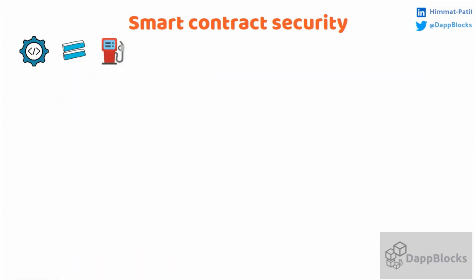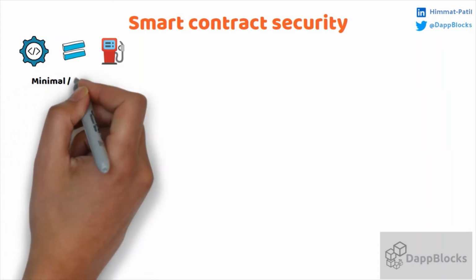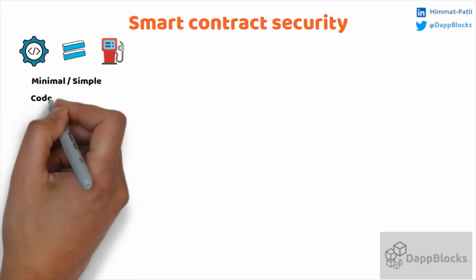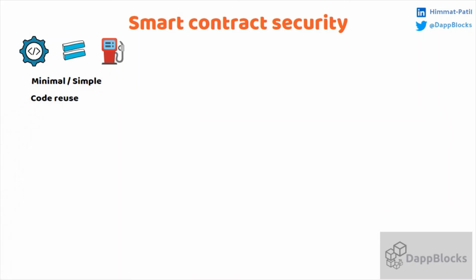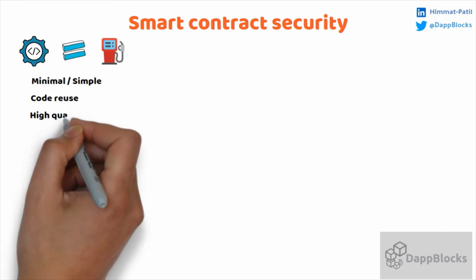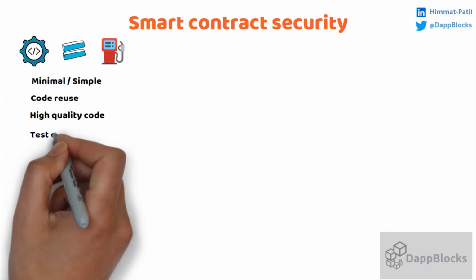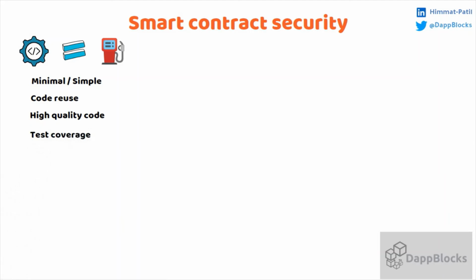Consider the below points while writing your smart contract code. First, code should be minimal and as simple as possible. Second, reuse your code wherever possible. Third, write high quality code. Fourth, test coverage. Write code which covers all the test cases and all corner case scenarios.